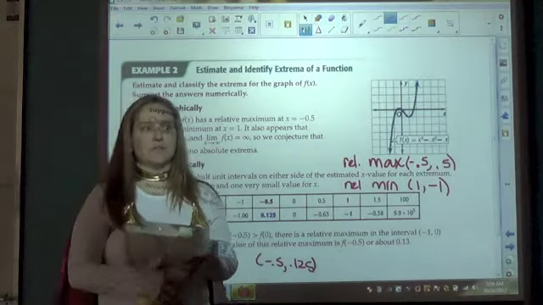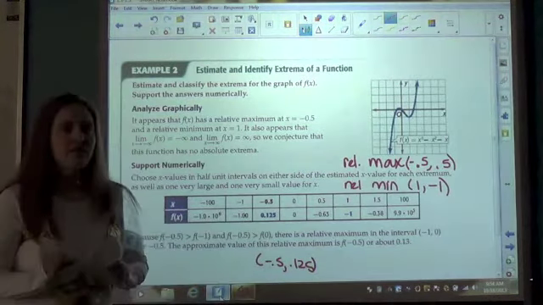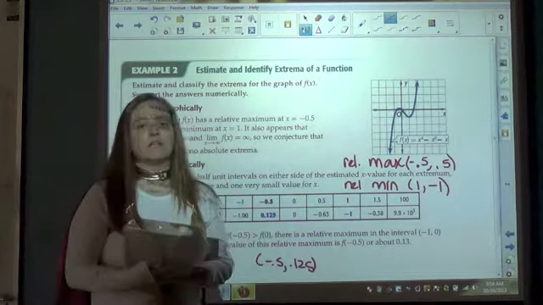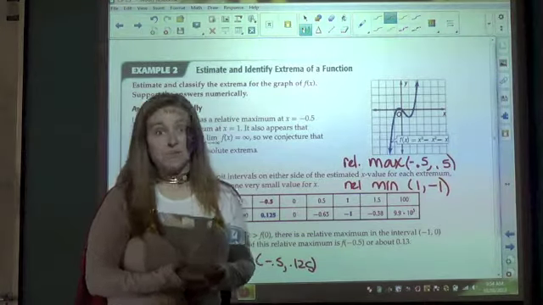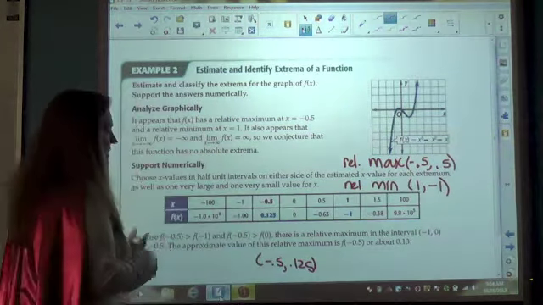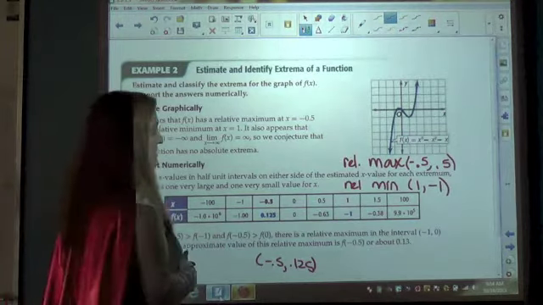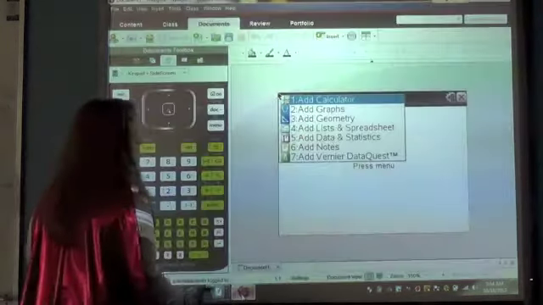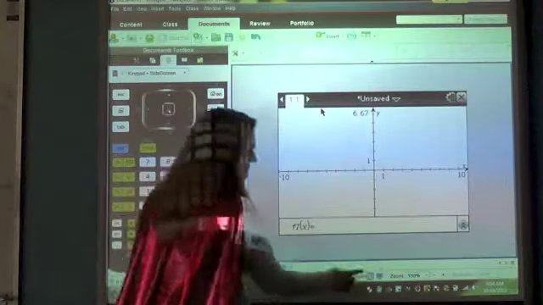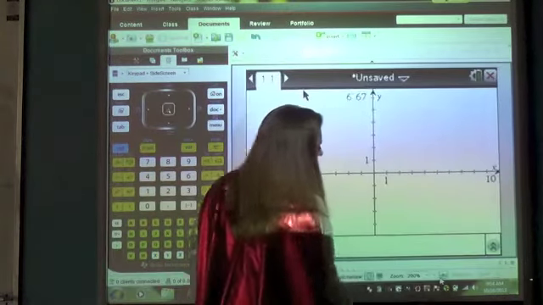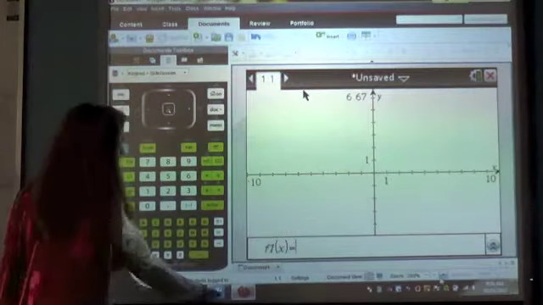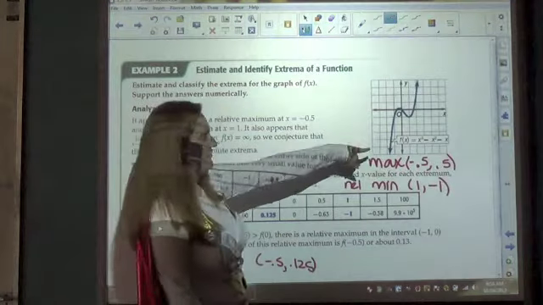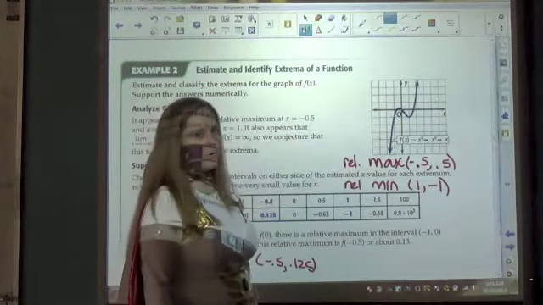Alright, so what I want to do is show you on the graphing calculator how to find the relative max and min, because in calculus you have to have precise values. So instead of just plugging it in, the calculator will give you the precise value, even though you can estimate it. So, graph. We're using the exact same function, f of x equals x to the third minus x squared minus x.